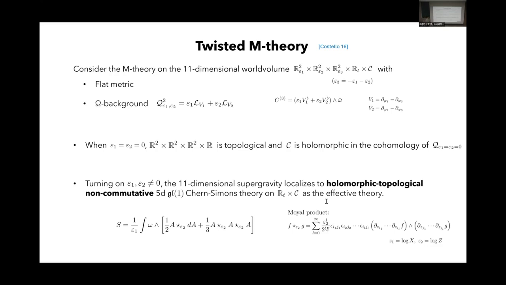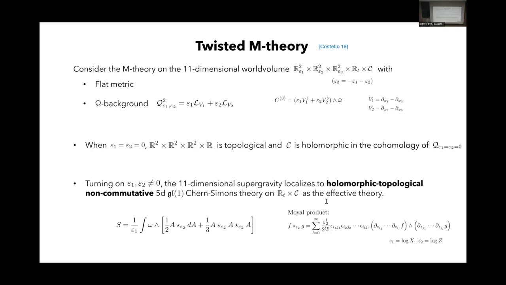Physically, I can choose a certain supercharge Q, with epsilon 1 and epsilon 2 governing how large the potential well is, such that Q squares to exactly the isometry rotating the R^2 planes. In detail, that's realized by some four-form background that exists in 11-dimensional supergravity.